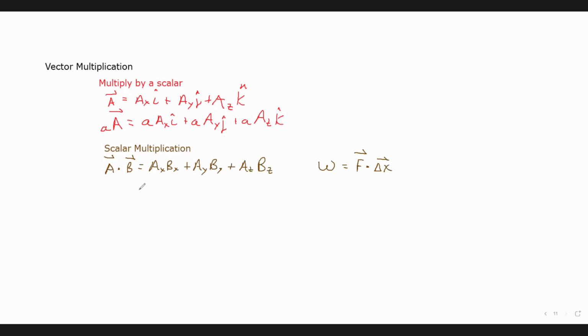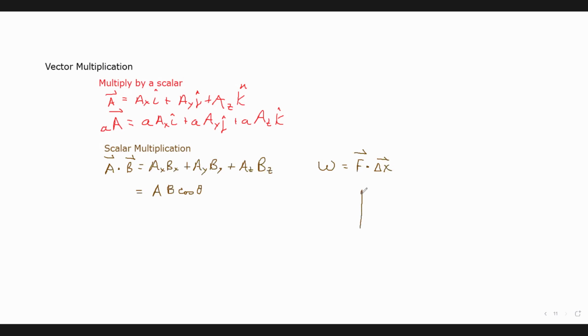Another way to write this is to write the absolute value of A, and I'm going to suppress the absolute value bars. If I write A without the vector sign, I mean the magnitude of A. So A, a scalar number, times B, a scalar number, so the magnitudes of these two, times the cosine of the angle between them.